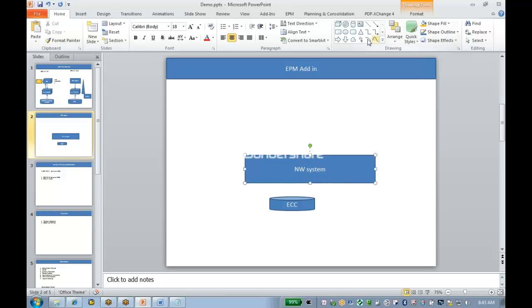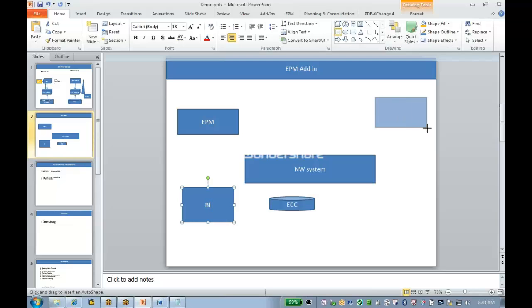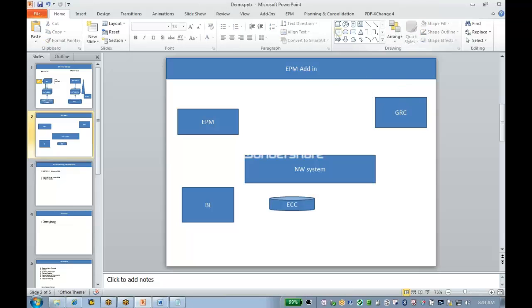Around NetWeaver, I have some products called EPM, some called BI, something called GRC, and some tools called data integration. Whatever is there, all are part of the NetWeaver system.